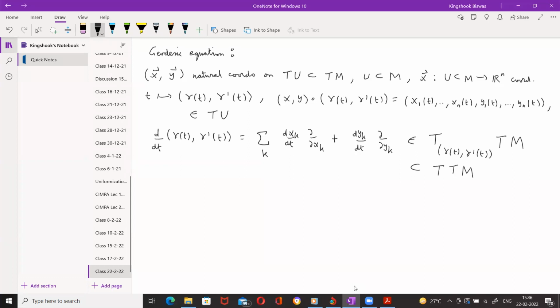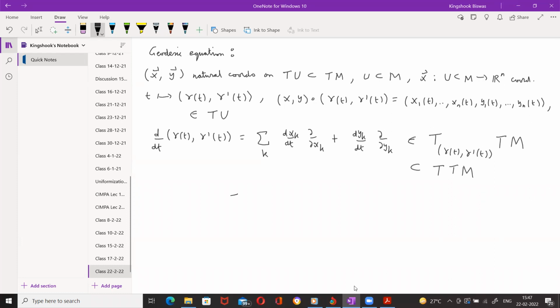So here my zi's, there are 2n of them, x1 to xn and then y1 to yn. So these are coordinates. My basis for the tangent space to the tangent bundle is spanned by del/del xk and del/del yk. It's a 2n dimensional vector space. And I'm writing it in terms of this basis.